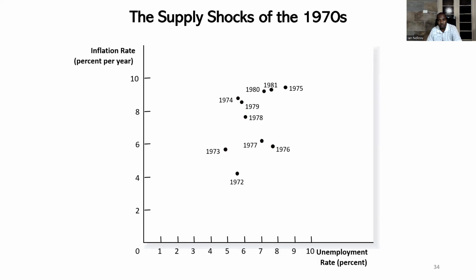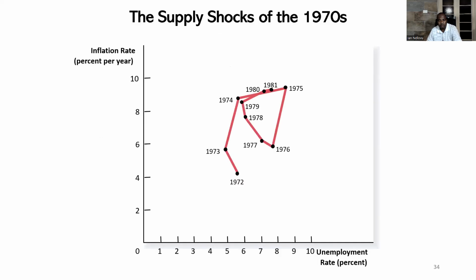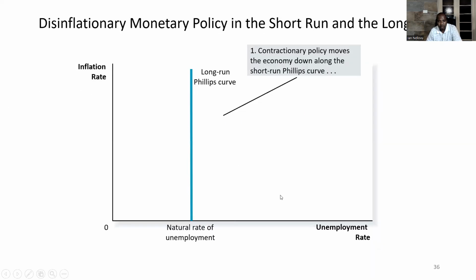And this shock, shown in this complicated relationship between the inflation rate and the unemployment rate, caused the classical relationship between unemployment and inflation to actually break down, because you see this movement, which is like a coil of some sort.